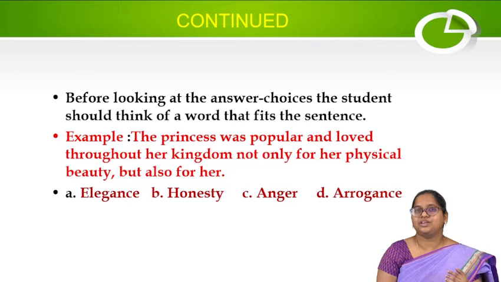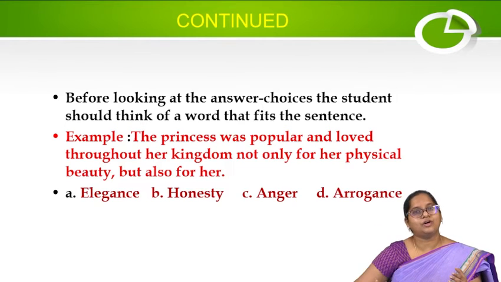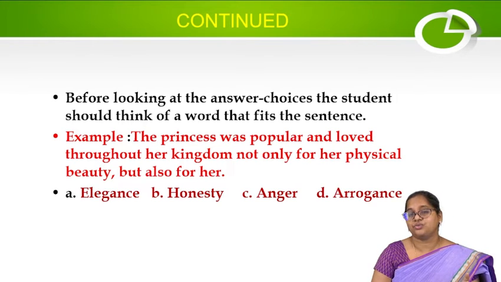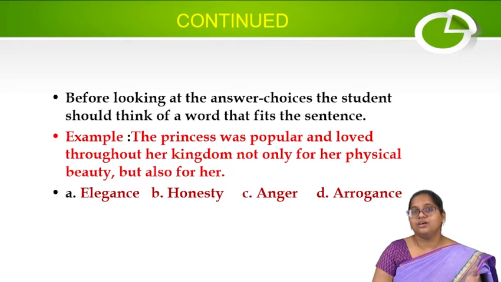The context is all about the queen, and she was portrayed as a person who had all positive qualities. Throughout her kingdom, she was popular and loved, not only for her physical beauty, but also for what?